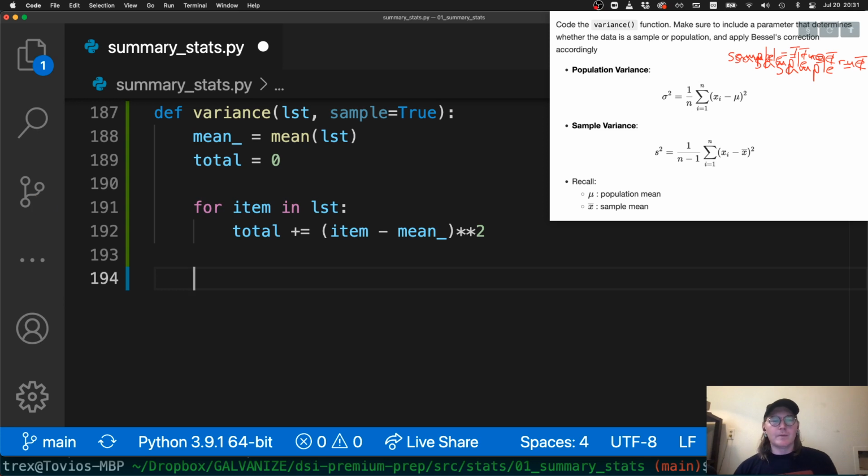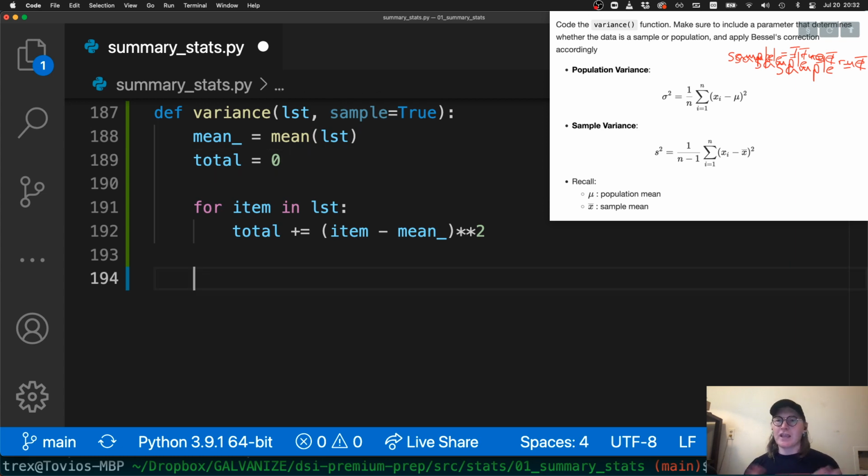Now we want to use this sample, right? So we are either going to multiply by 1 over n or 1 over n minus 1. Or, we're either going to divide by n or divide by n minus 1. Something that I showed earlier is that 1 and true can both be used arithmetically in the same way in Python.